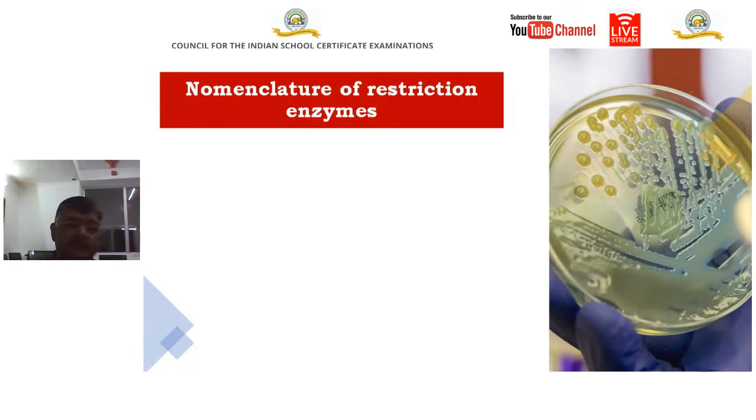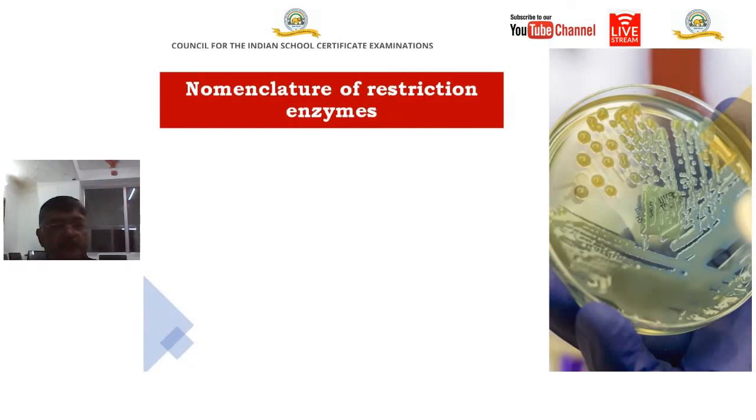So whenever a restriction enzyme is discovered by a scientist, the scientist has to give it a specific name. As we know that whenever a scientist discovers a new organism, they have to give the name, and that was binomial nomenclature in biology.